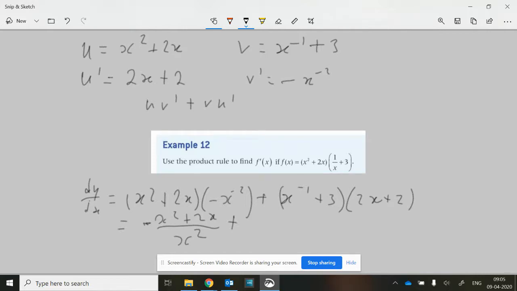So if we times x by this, well, x to the minus 1 is the same as 1 over x, so that's just going to leave us with 2. And then if we do 3, well, we've got 4 things that can pop out here. But this times by this, so we've got 2 over x. And then we've got 3 times by 2x, so we've got 6x there. And we've got 3 times by 2 there as well, so plus the 6.